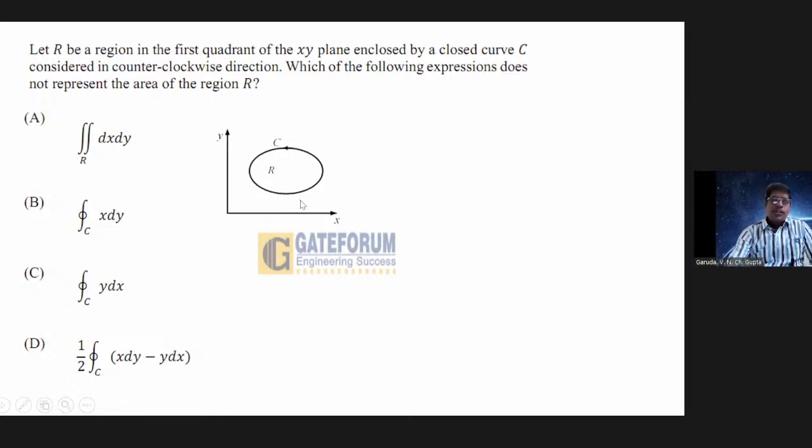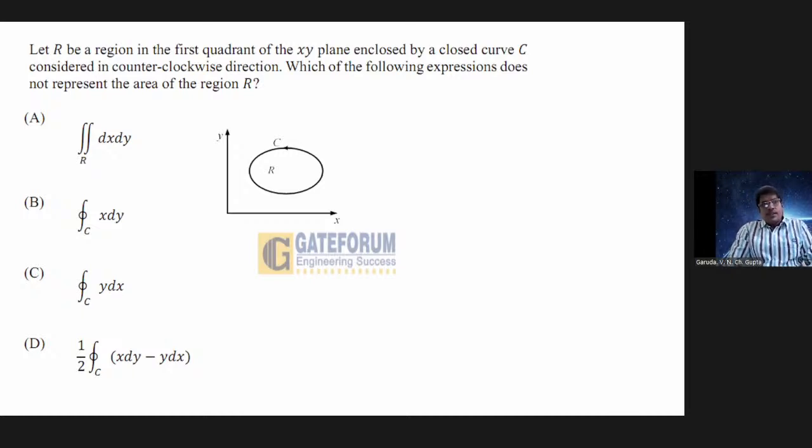Now we know that area is given by the definite integral of y dx, where y is equal to f of x is the given curve, lying between x is equal to a and x is equal to b. We know how to find that area, but this is related to a closed curve, the region bounded by a closed curve in the xy plane. That means we can find the area using a double integral.